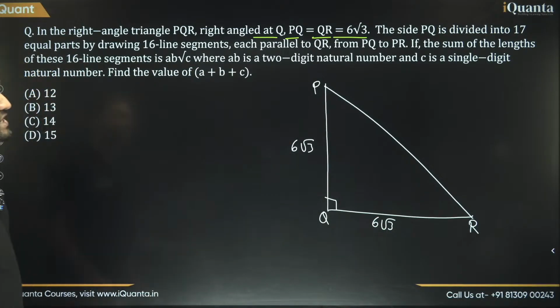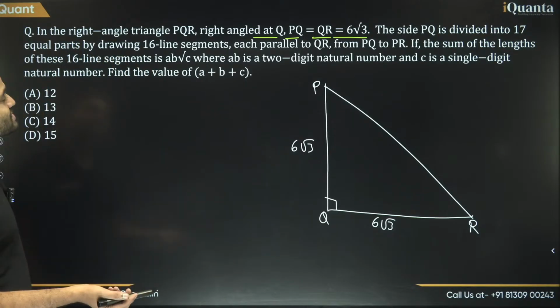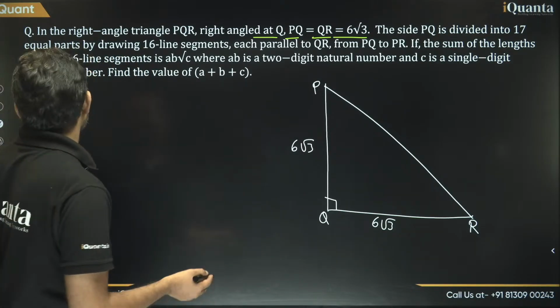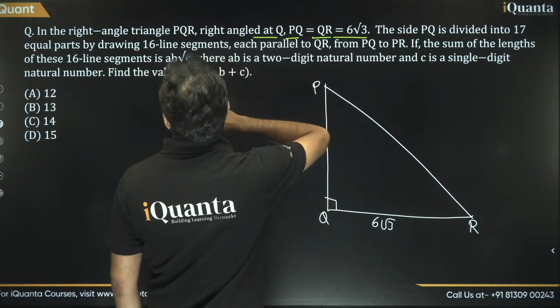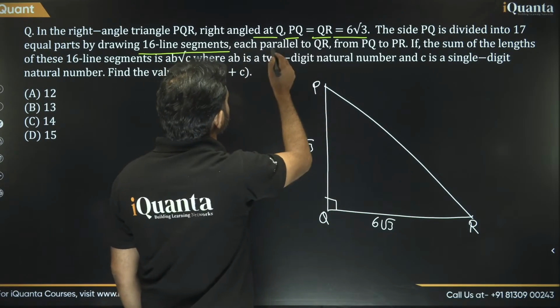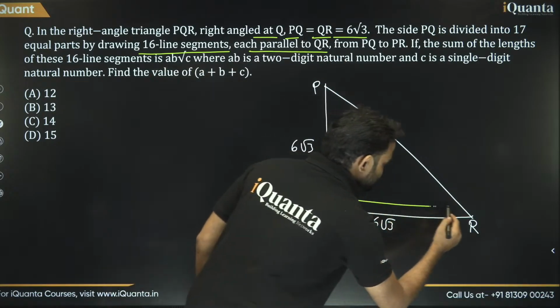The side PQ is divided into 17 equal parts by drawing 16 line segments, each parallel to QR, like this, each parallel to QR.